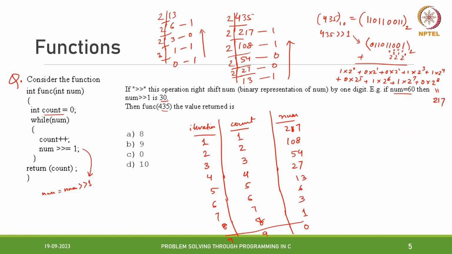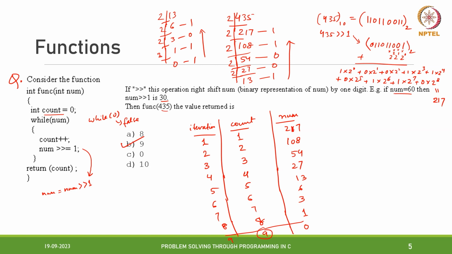Now if this is the case, the 10th iteration does not really happen because num has become 0 now, so this condition becomes while of 0, which is now false, so it will go outside the loop. So if it goes outside the loop, what is the value of count here? 9. Yeah, so 9 is going to be the answer here.